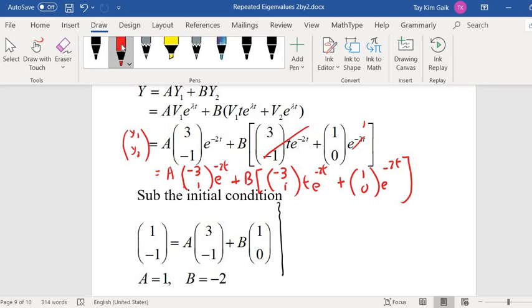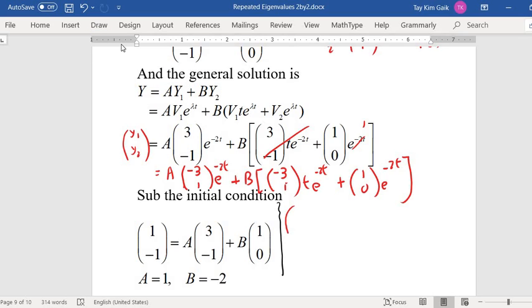The black is one version, V1 is 3, negative 1. The red color is another version, V1 negative 3 and 1. Now I plug in the initial condition, 1, negative 1. So A, this is negative 3, this is 1, exponent 0 is 1, and this term is 0.